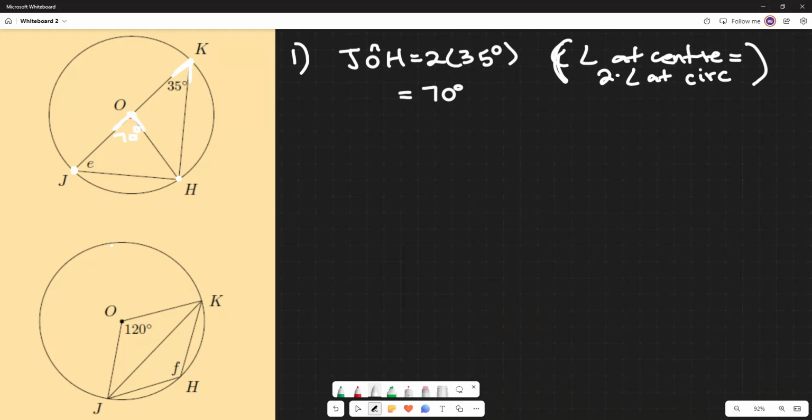And then now we can easily see that OJ is the same as OH. Your reason is radii.